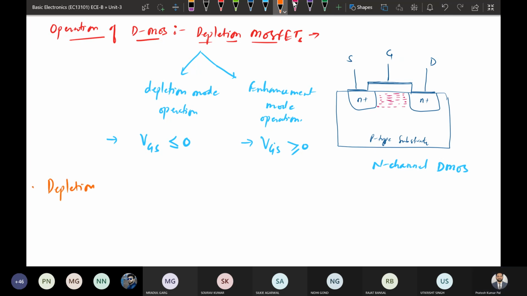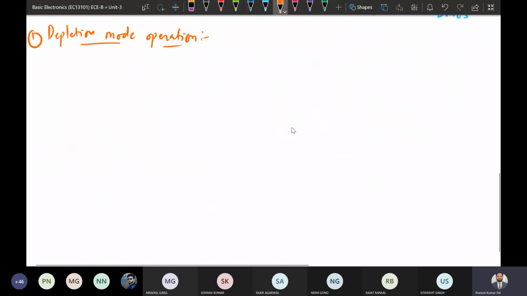First case, depletion mode operation. In this case the biasing is such that the gate to source voltage is in the negative direction.